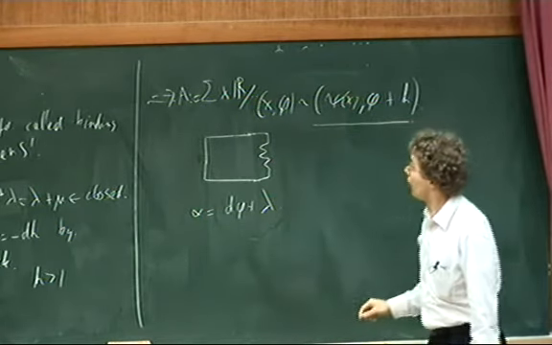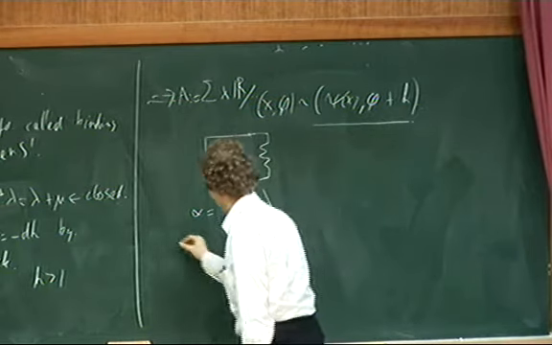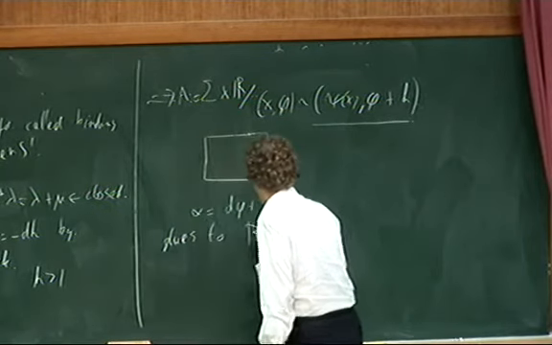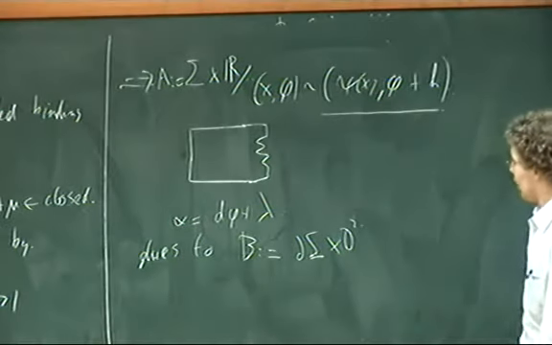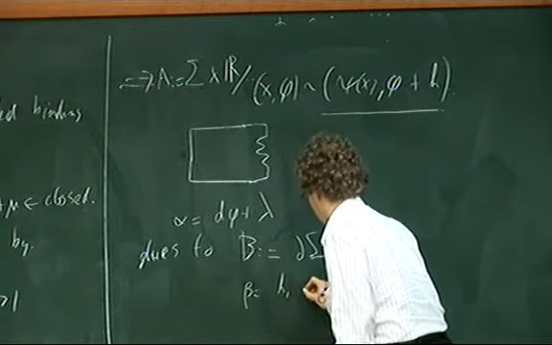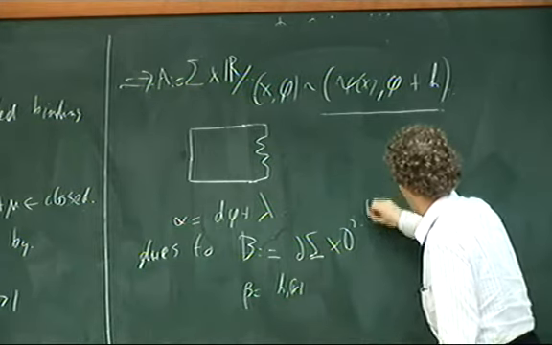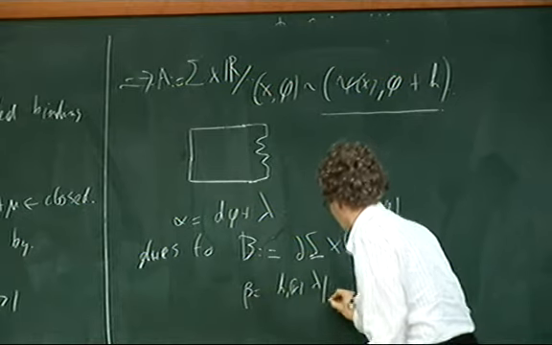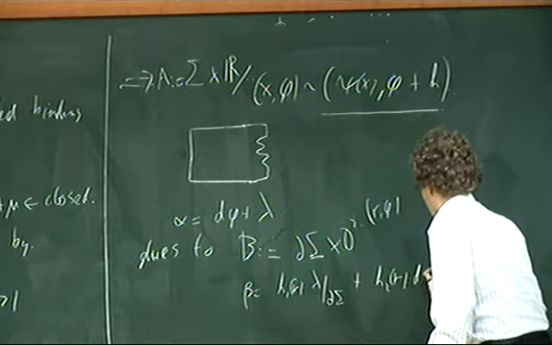So this has a nice contact form, and I claim now that this glues to, say, B, which is just ∂Σ × D², and on ∂Σ × D² we have the contact form β, which is h₁ times λ restricted to ∂Σ plus h₂ r dφ, where you use polar coordinates on D².